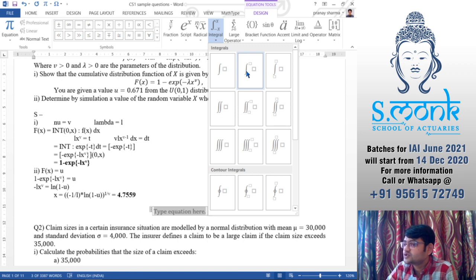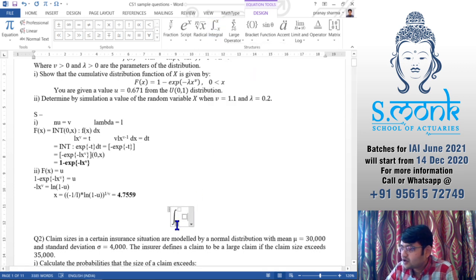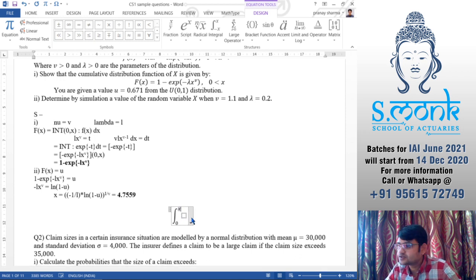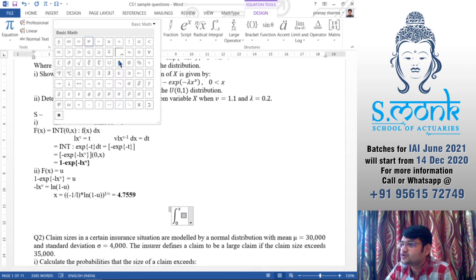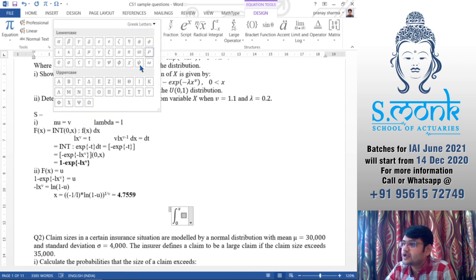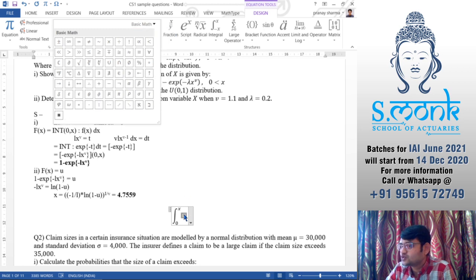You can choose this and you can say that the lower value would be 0, upper value will be x, and you have basic terms here. You can use these basic symbols whenever required, or you can use your Greek letters from here whenever required.